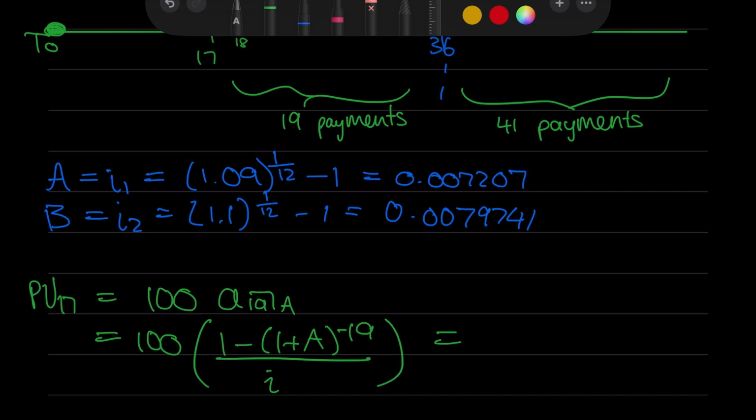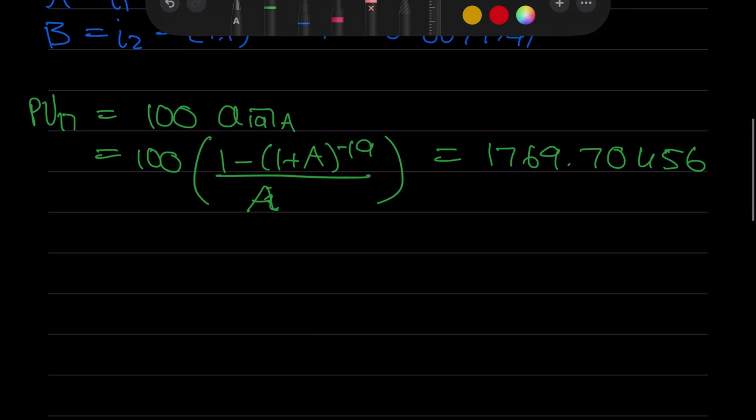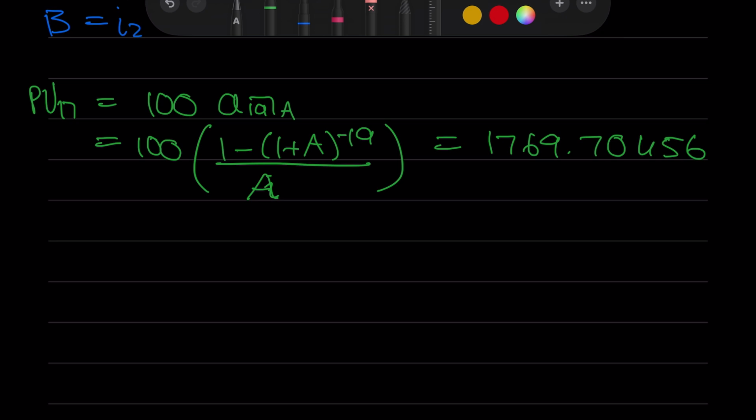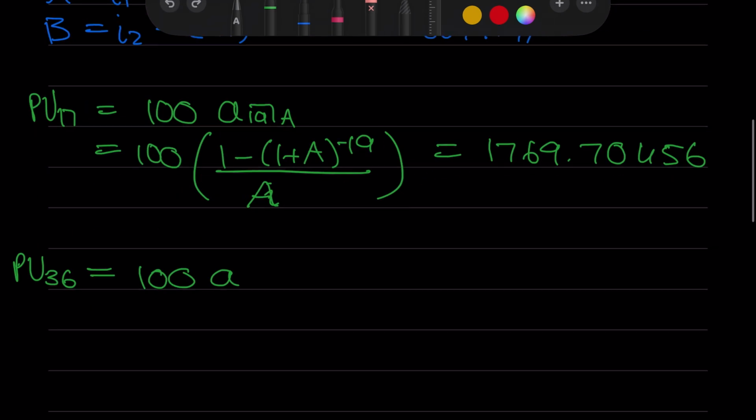The calculator, sorry, this i is A. Now we'll work out the present value at time 36 of the following 41 payments. Still $100 as we're not increasing. They're in arrears. How many did we say? 41. At B interest.